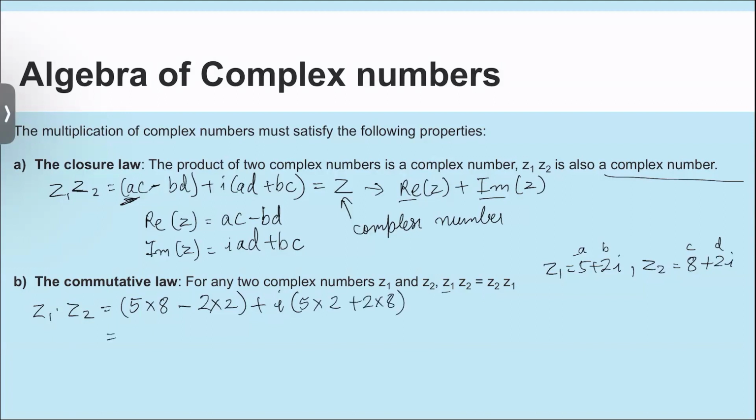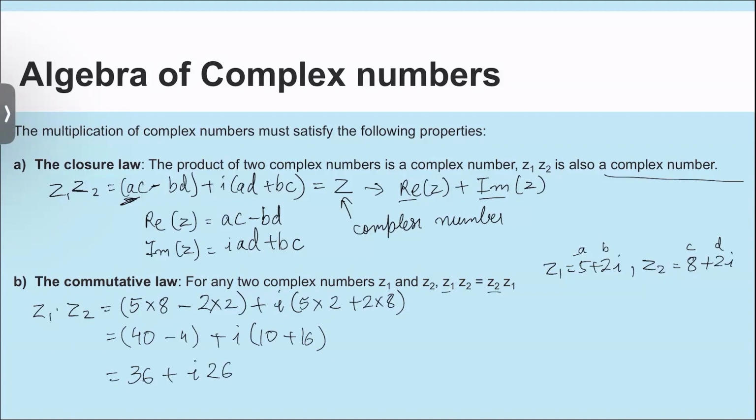If you simplify it, you are left with 36 plus i26. So this is Z1 into Z2.